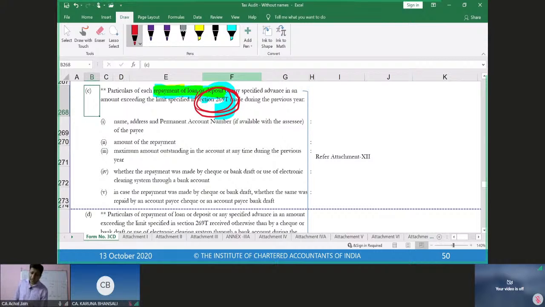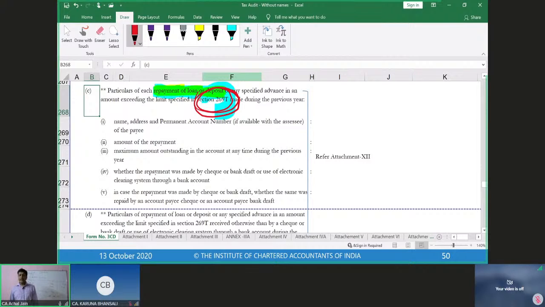Okay. Now here again, what are the details which will be required to be furnished? Name, address, PAN number of the payee. So earlier it was the lender or the depositor, you remember? Now it's the payee. Amount of the repayment. So amount paid, or we can say repaid. Actually it's repaid, not paid, because it has to be the repayment of loan.